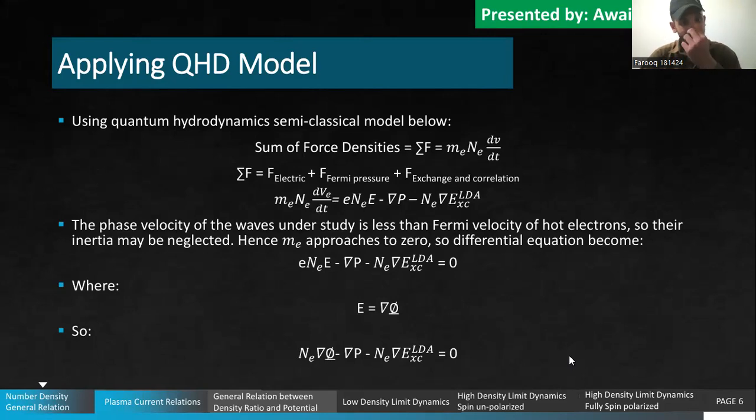Now we have me, the mass of the electron.